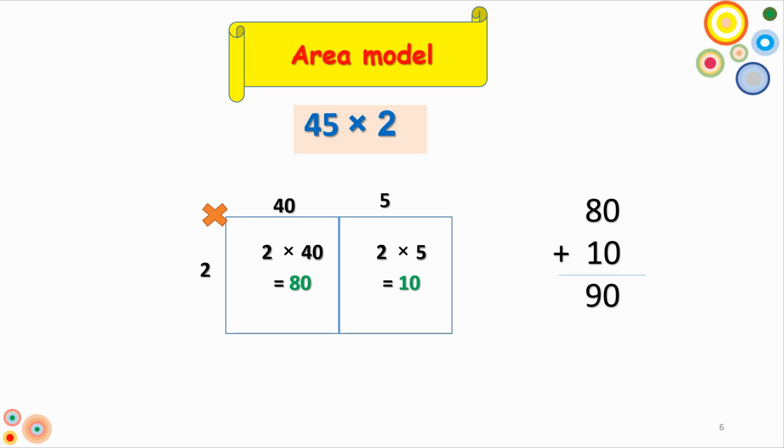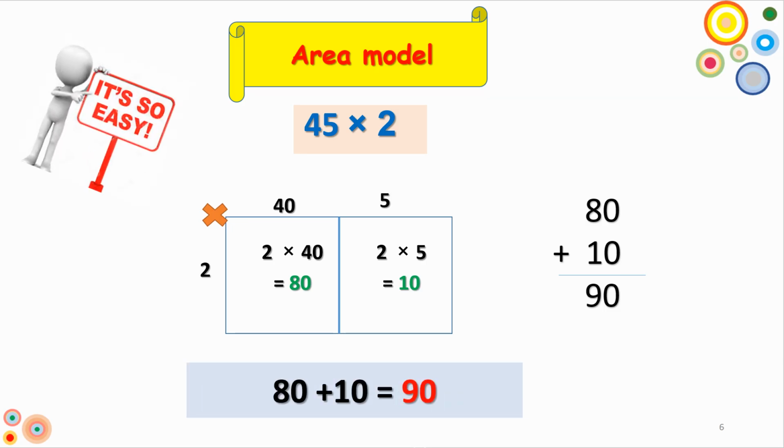If we want to check whether this answer is correct or not, try to add 45 2 times. 45 plus 45, it will be 90. So if we use multiplying, it will be 90. If we want to check our answer, it will be 90 also. Okay? It's too easy.